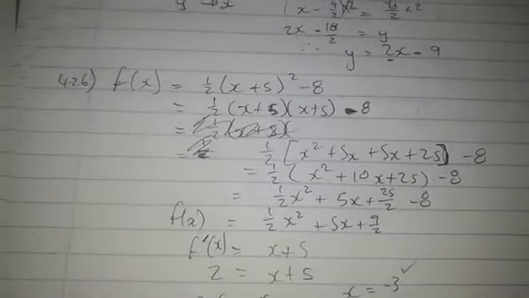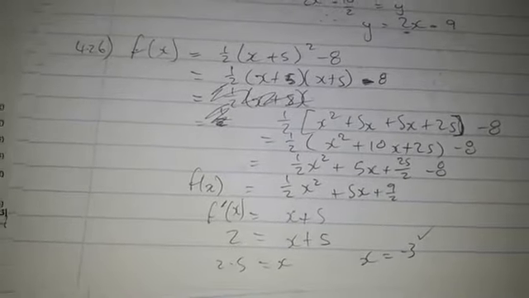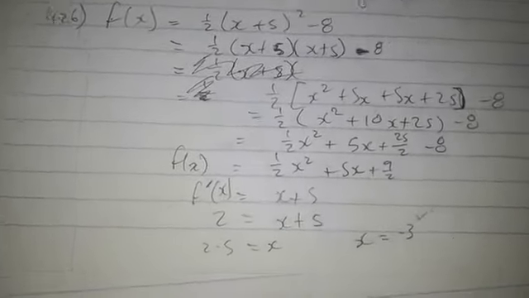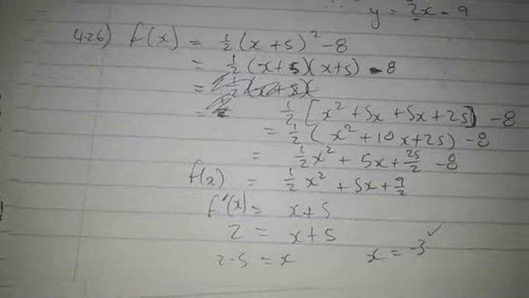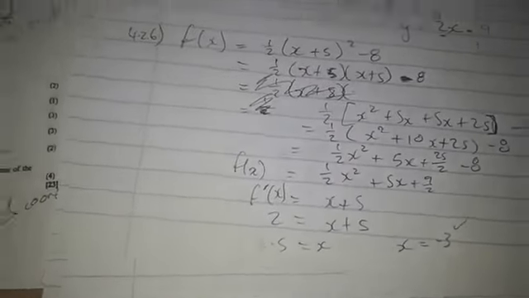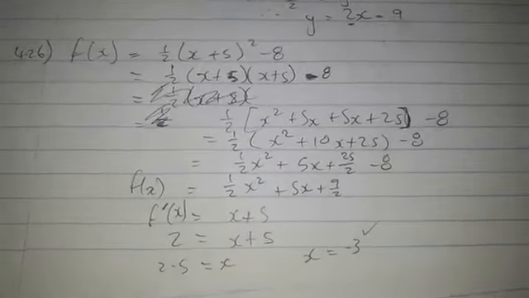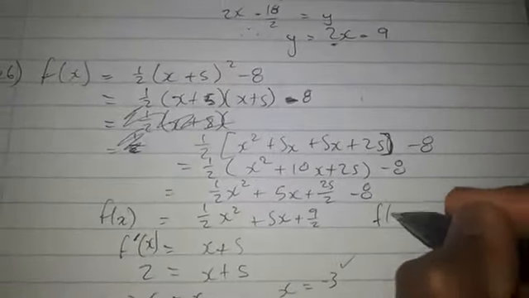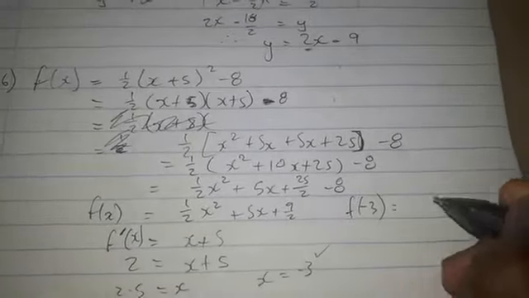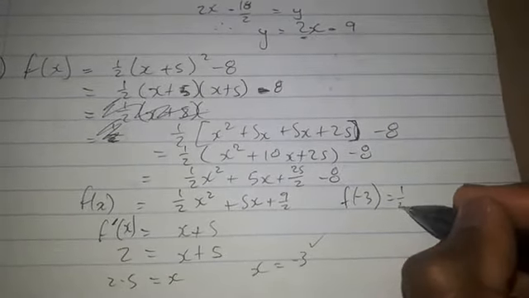So because we now know that the gradient is a 2 where x is negative 3, what we need to do is substitute negative 3 into our original equation to find out what is the y value where x is a negative 3. So in our equation where x is, we want to throw there negative 3.